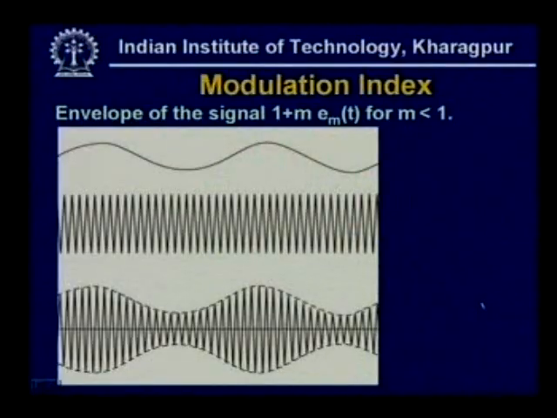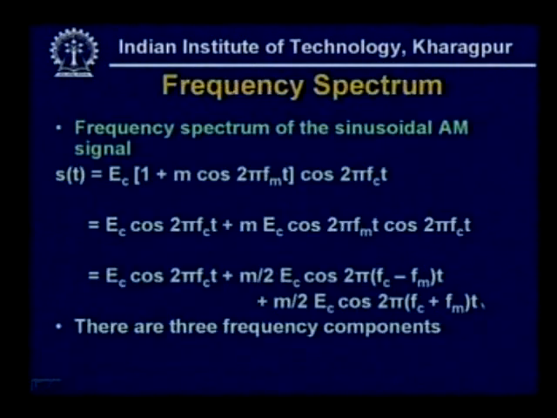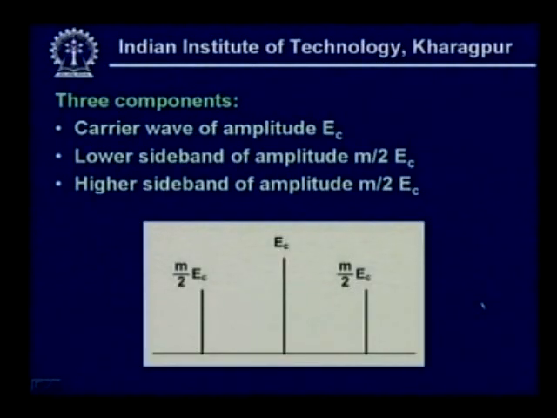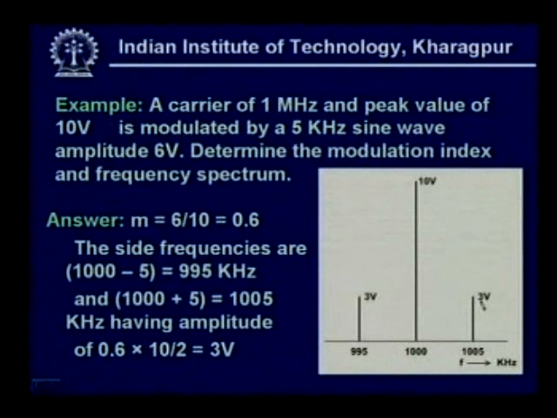Obviously, the time domain representation we have already seen will be somewhat like this, and on the other hand the frequency domain representation, as you can see here, will have three spectral components.